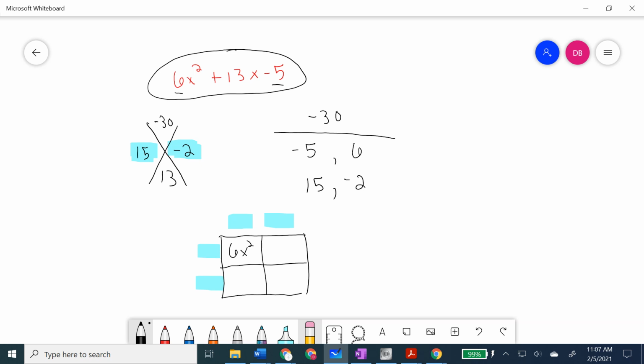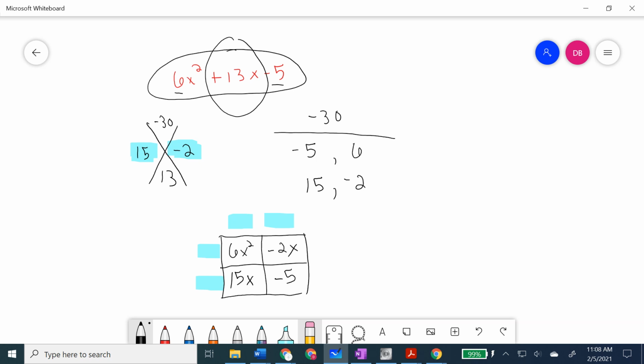The lower right corner gets the constant term. And the middle term is split up between a 15x and a negative 2x, and it doesn't matter which order you write them in. But you do that diamond so you can figure out what these two numbers are.